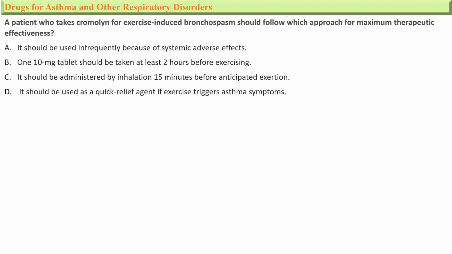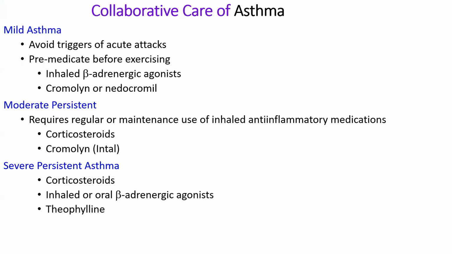It is administered by inhalation only. It is not a bronchodilator and cannot abort an ongoing attack. It is one of the fastest anti-asthma medications, and has no systemic adverse effects.